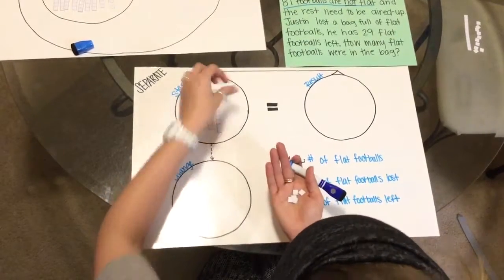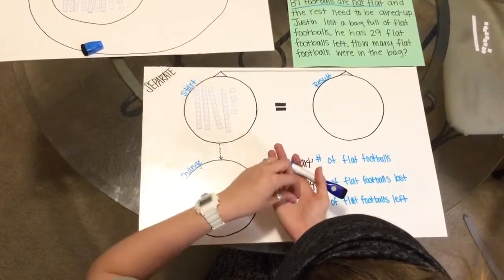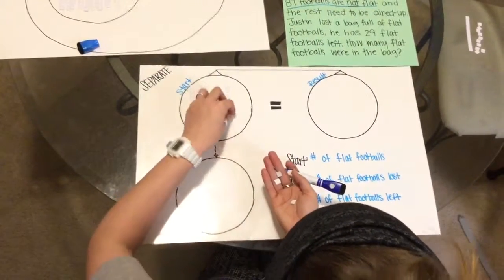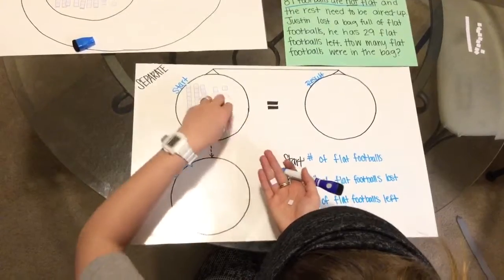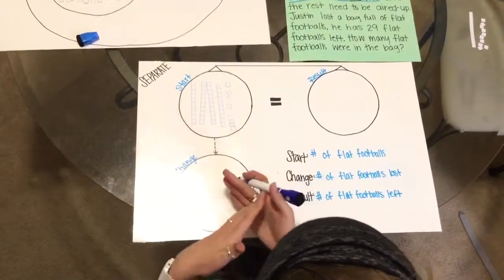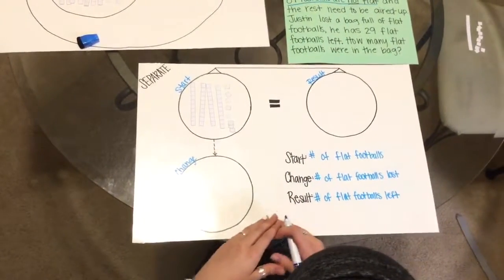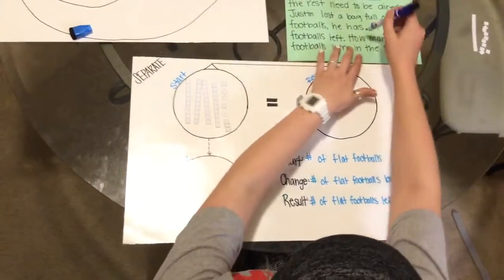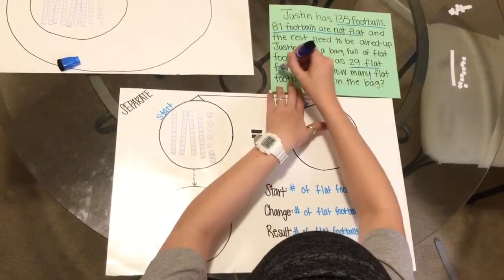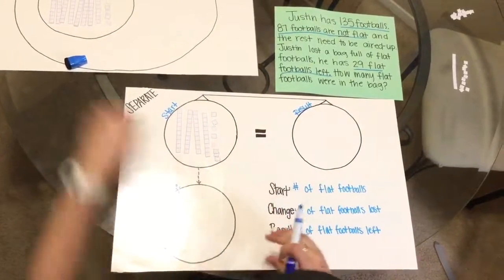So 48 footballs are flat. And we know from our problem that 29 flat footballs are left. So in our result, we need to put 29.